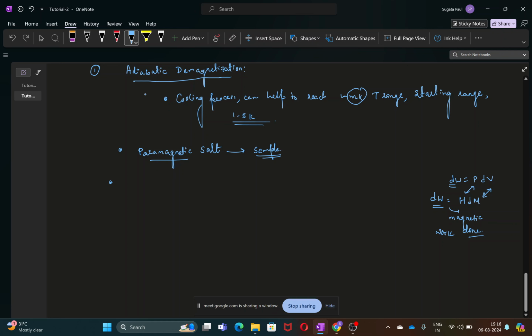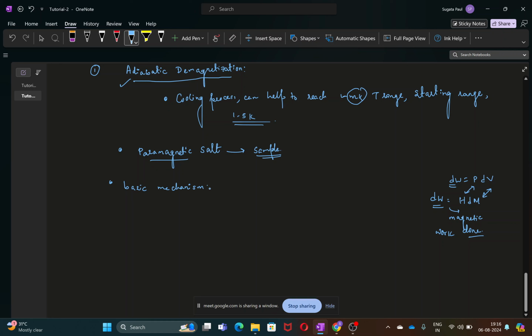Adiabatic means you cannot have any heat exchange dQ with any part of the environment whatsoever. So the only way to compensate for the magnetic work done is to change the internal energy of the system. At the cost of internal energy, you decrease the system's temperature and can go down to the millikelvin range. So the basic mechanism is, let me write it down.